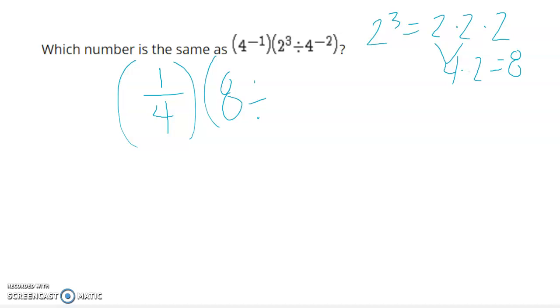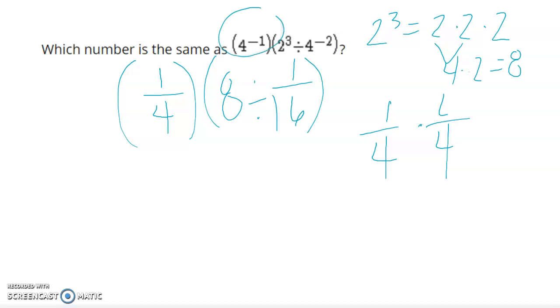So 4 to the negative second power, again, remember with that exponent, we're going to rewrite this. So 4 to the negative second power is the same as saying 1/4 times 1/4, okay, which is 1/16, because 4 to the negative first power is 1/4. So 4 to the negative second power would be 1/16.